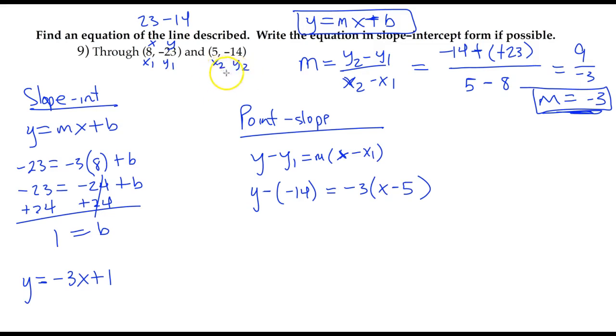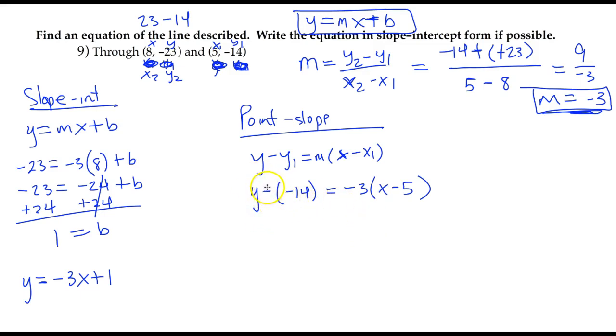I know right now I have this labeled as x2, y2, but I could have simply got rid of this and said, call this x1, y1, and call these two x2, y2. Doesn't matter. All the x1 and the y1 means is that I need to use the x coordinate and y coordinate from the same point, okay?